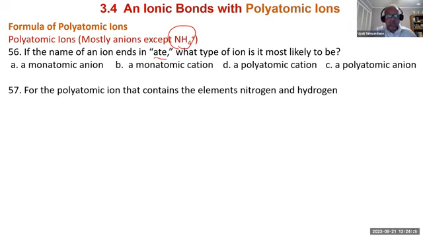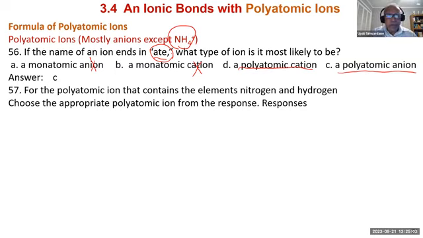That's what the question is. It's not a monoatomic anion or monoatomic cation. The polyatomic cation does not end in ate, it's ammonium ion. These are the polyatomic anions, ending like sulfate, nitrate. That's the correct answer to the question. C is a polyatomic anion, ending in the name with the suffix ate.